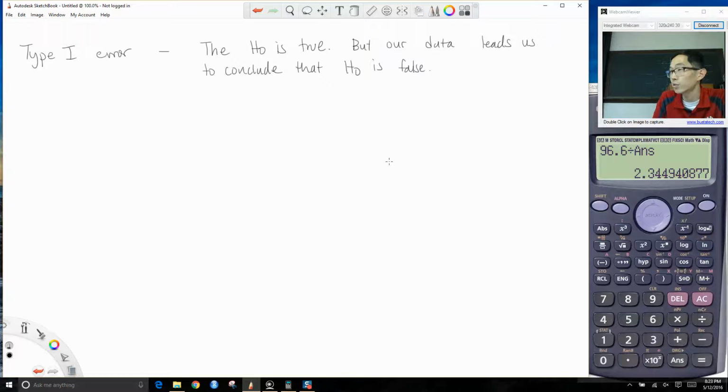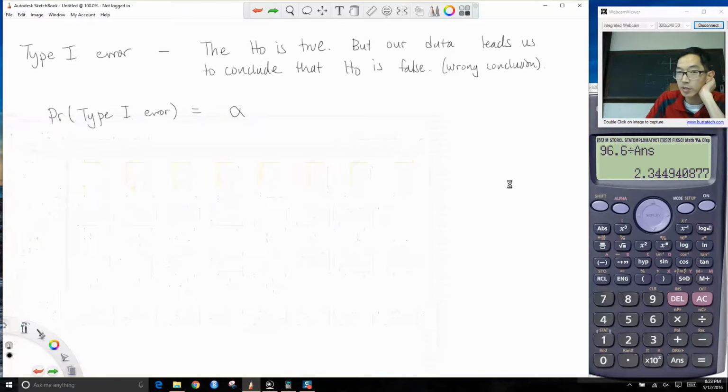And so this is the wrong conclusion, right? Okay, that's a type 1 error. So the probability of a type 1 error is equal to alpha, our choice of a significance level. This is the probability of making this error.